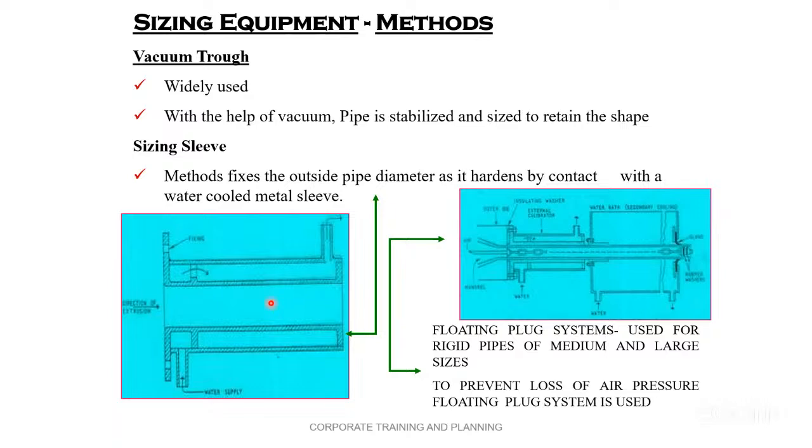This is the vacuum trap method, friend. See now here, the method fixes the outside pipe diameter as it hardens by contact with the water-cooled metal sleeve. This is a water-cooled metal sleeve here, friend. Here, the pipe is going like this.